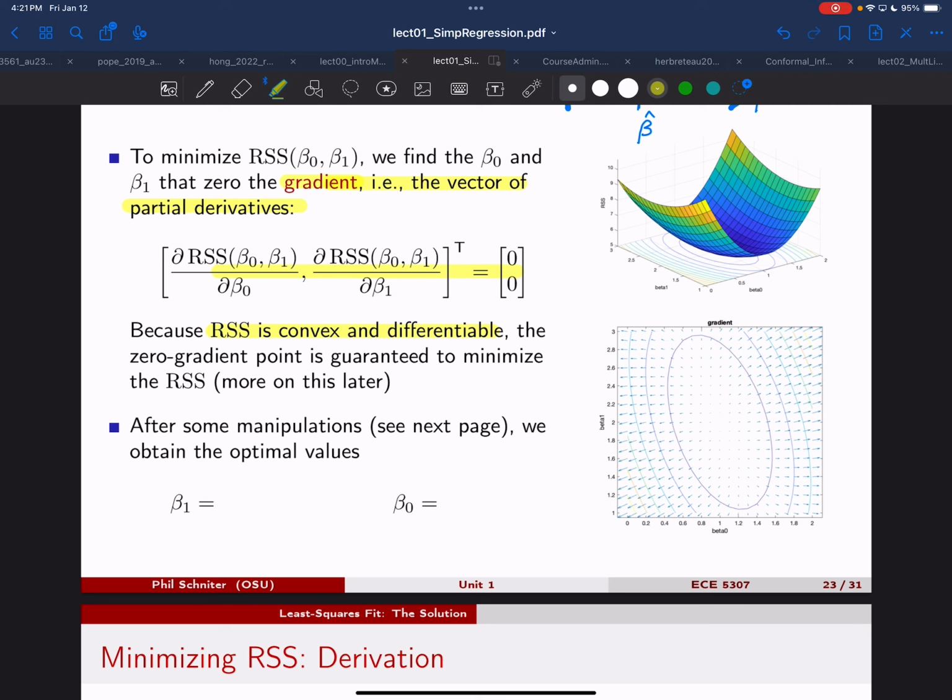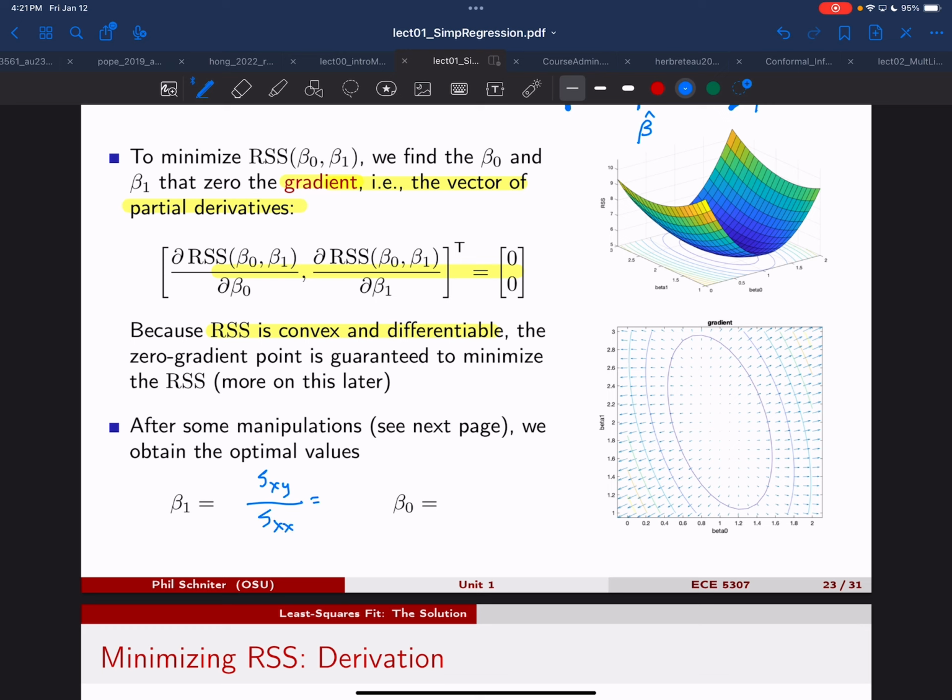So what we're going to do next is derive some equations for the optimal parameters, but let me just write them down right now, and then we'll derive them next. It turns out that the optimal beta 1 is the covariance S_XY over the variance S_XX.